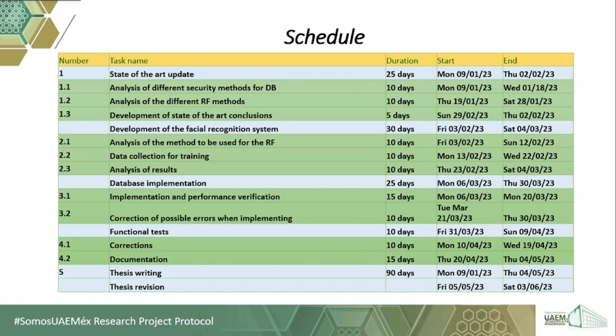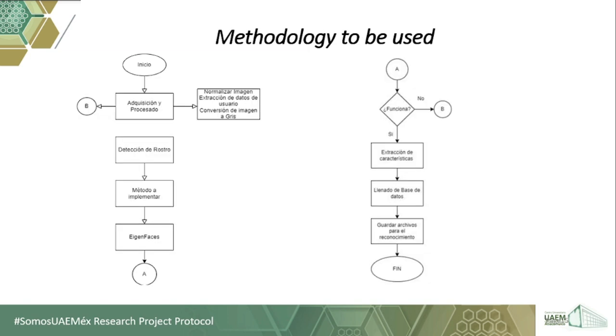This is my schedule of activities, and the following is the flow chart of the facial recognition training. We start with acquisition and processing, continuing with face detection, moving on to the method implementation.